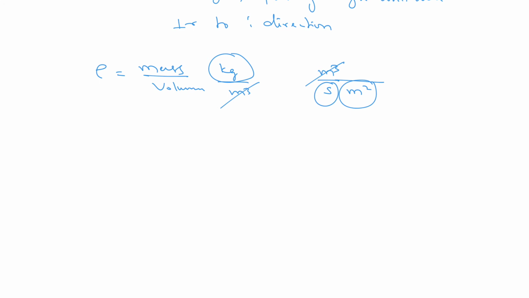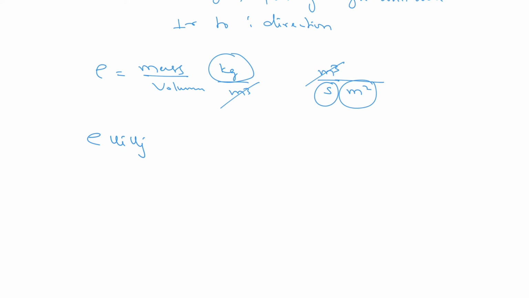Now if we consider rho ui uj, previously we saw about rho ui or rho u. We got the information that it's mass flux passing through unit area perpendicular to the i direction. Now if you have one more velocity term, you know that it becomes momentum.